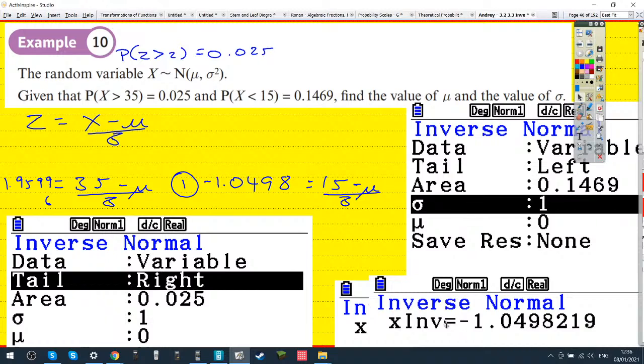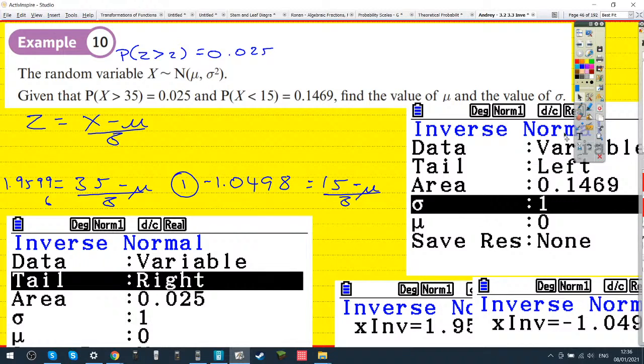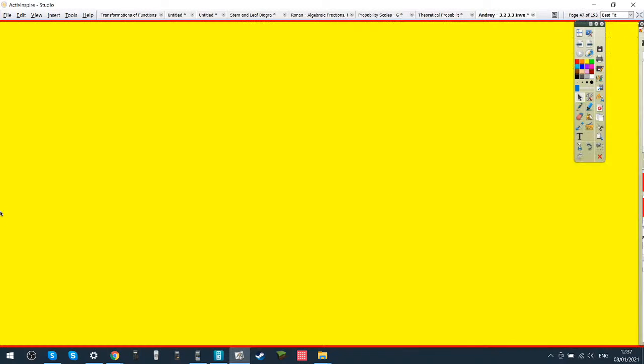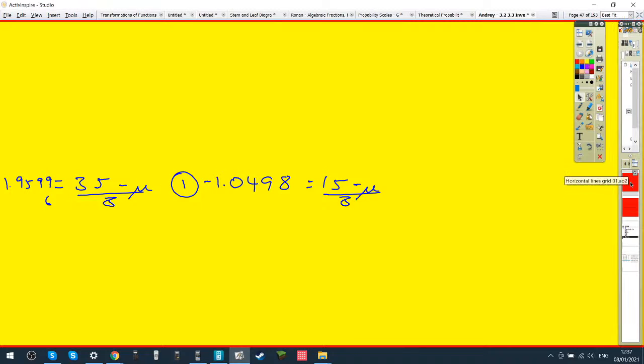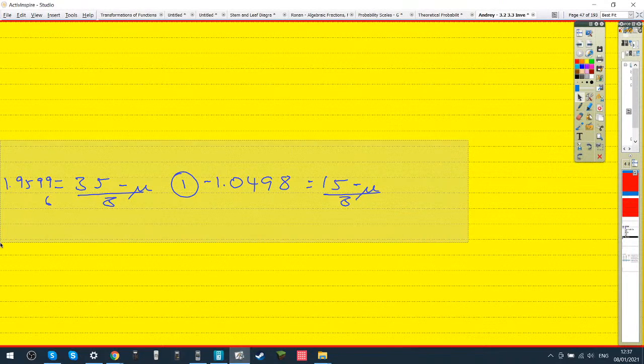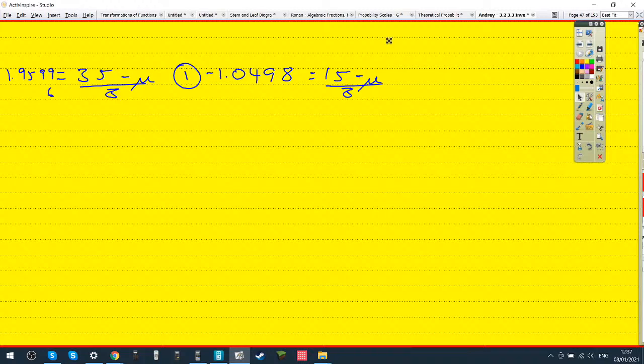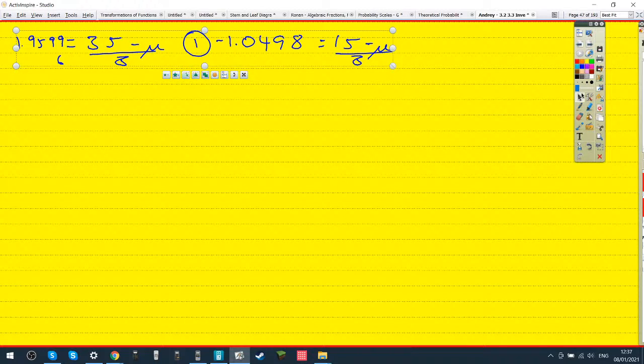Yeah, okay, I'll do that, and then that'll be option calc. So then, 35 minus mu over 1.9599.